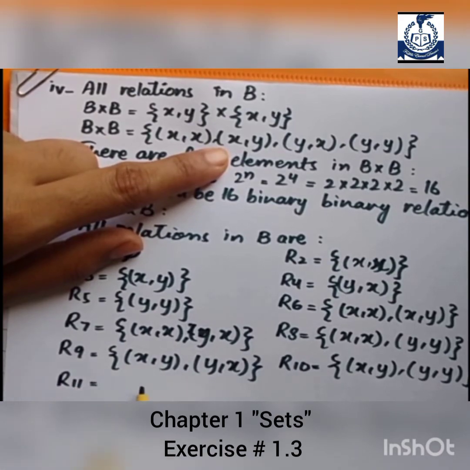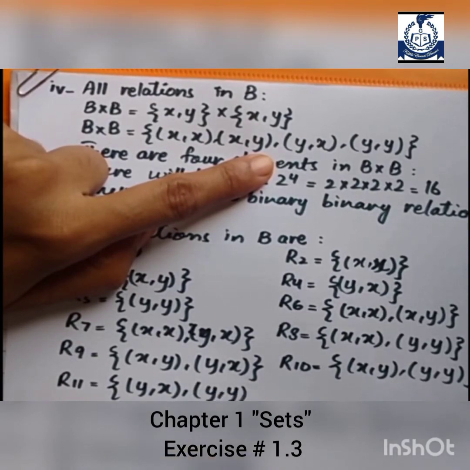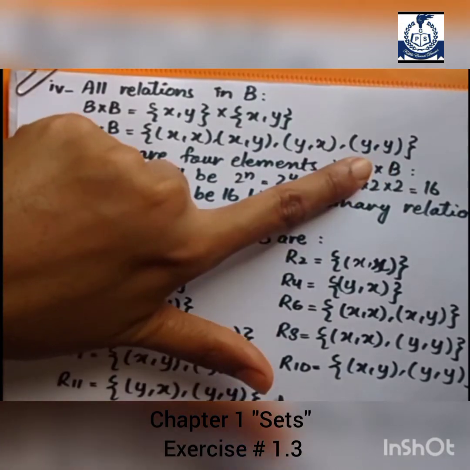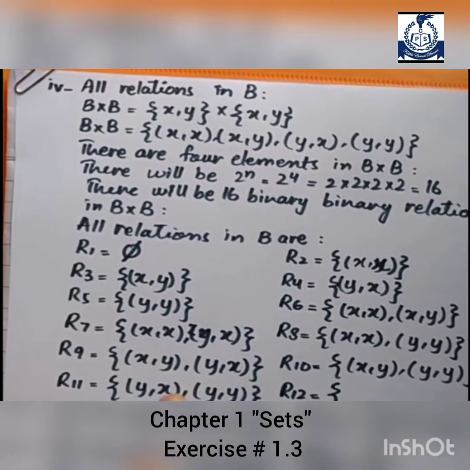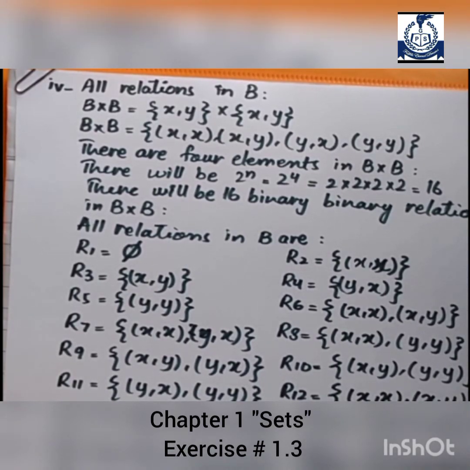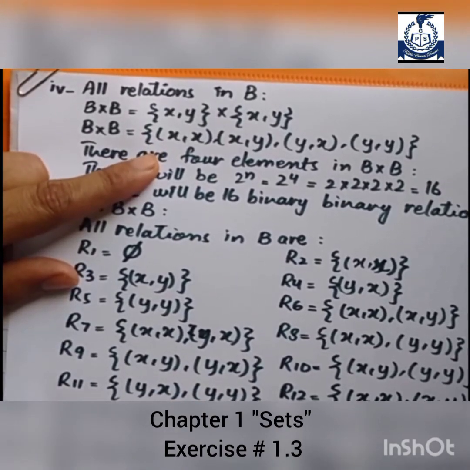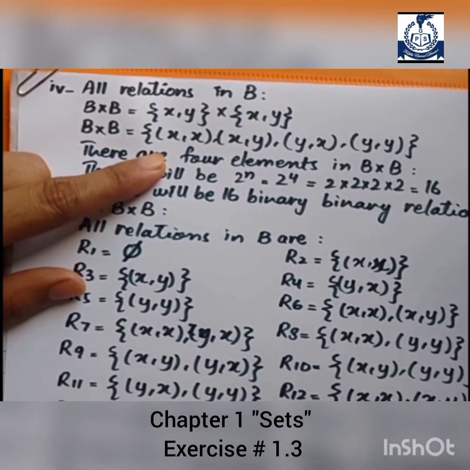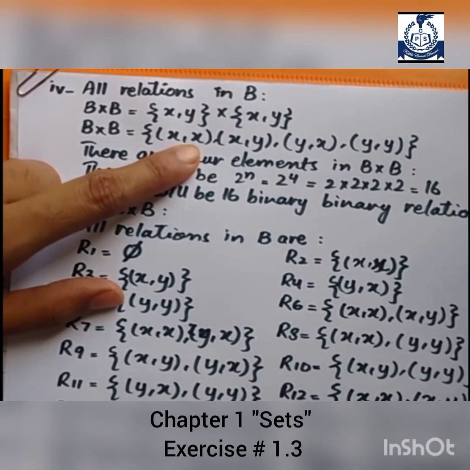Then R11, which is relation 11, is equal to: then we take (y, x), and now we pair it with (y, y). The first element was a single element, then we made pairs of 2, and here we make a pair of 3. Now we make triples in the relation R12: (x, x), (x, y), (y, x). Then here we write R13, which is relation 13: we take (x, x), (x, y) and (y, y).